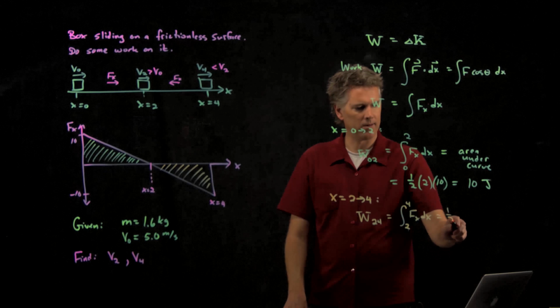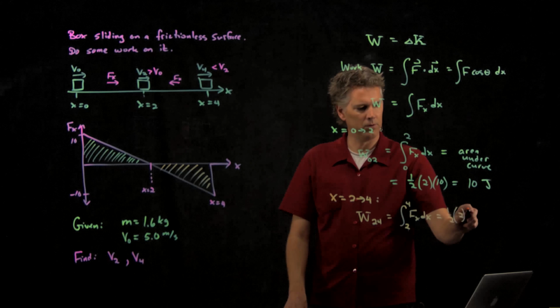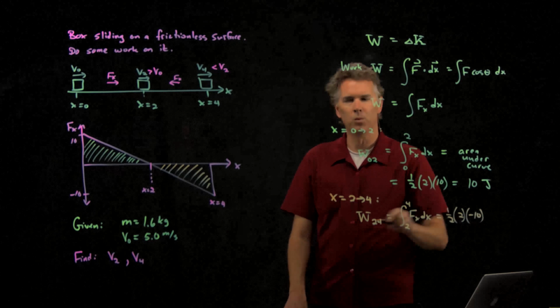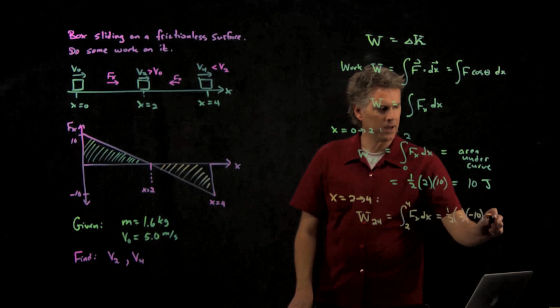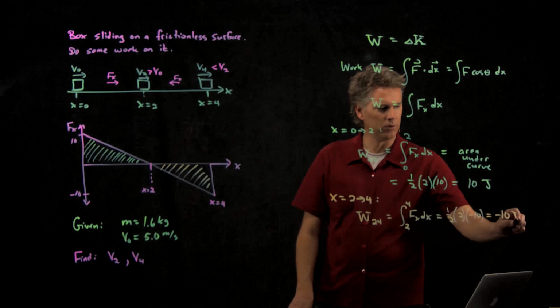So it's 1/2 the base, which is 2, times the height, which is -10. And so we get minus 10 joules.